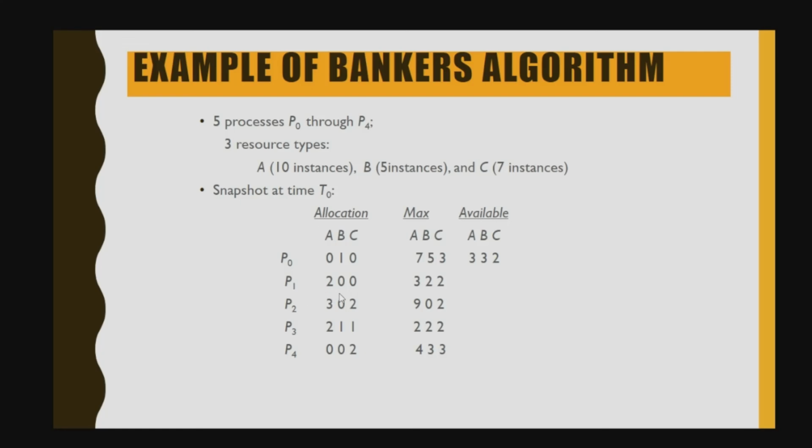For process 1, we have 2 for A, 0 for B, 0 for C. This one is for allocation.